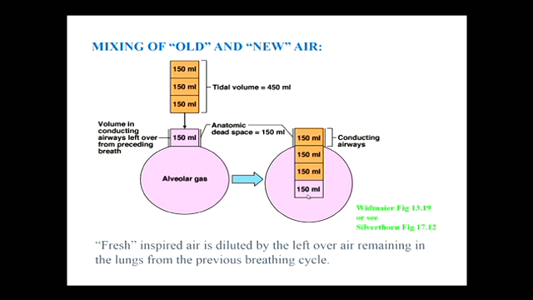The first 150 mils that goes into your alveoli is in fact stale air, followed by 300 mils of fresh air. The last 150 mils stays in the airways, obviously. So, in fact, only 2/3 of a typical breath that enters your alveoli is fresh air.